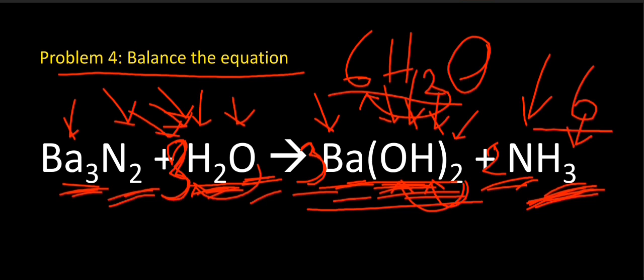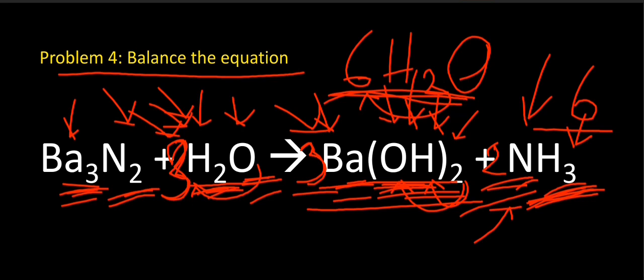Why? We had 3 barium atoms and 3 barium atoms here too. We had 2 nitrogen atoms and 2 nitrogen atoms here too. We had 6 times 2, 12 hydrogen atoms on the reactant side, and on this side 3 times 2, 6 plus 3 times 2, 6, that means 12 hydrogen atoms on the product side too.